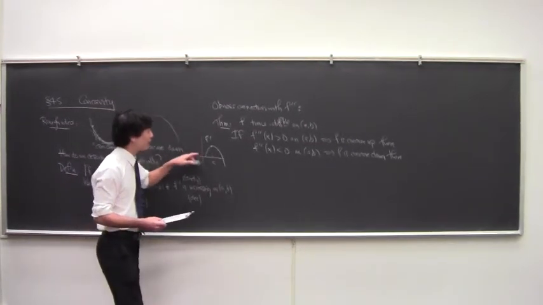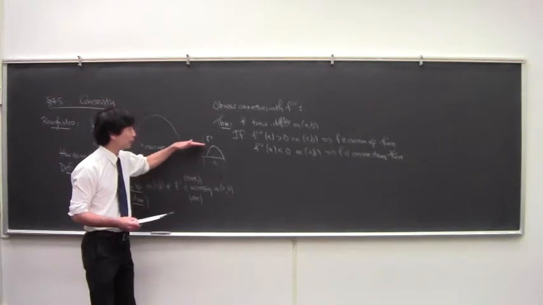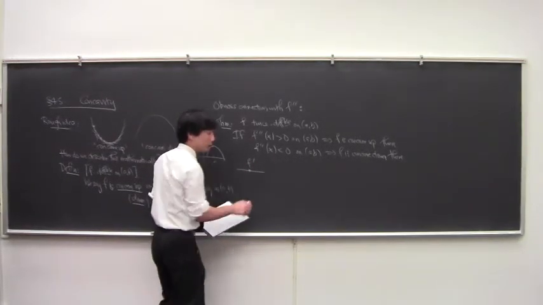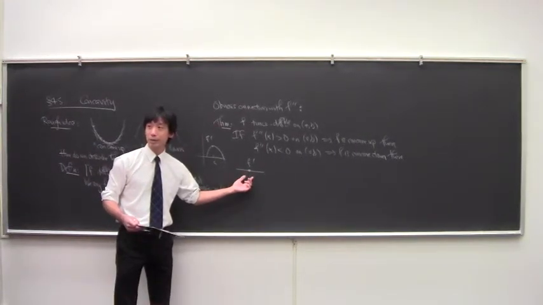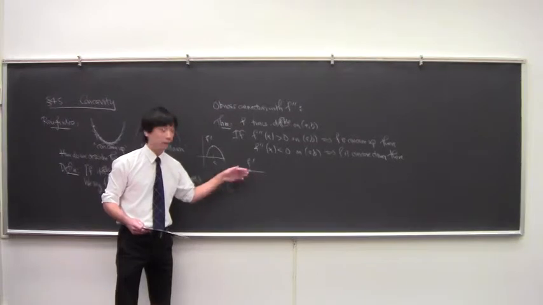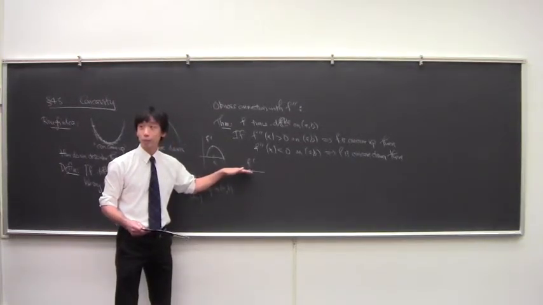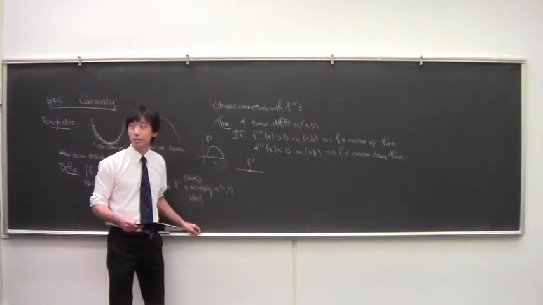Hold on. To be sort of a stickler, it's not strictly true in the sense that you could have something that's flat, like f prime is flat here, and that still counts as a max, and this wouldn't be a point of concavity change. But that would not be an extreme point either.